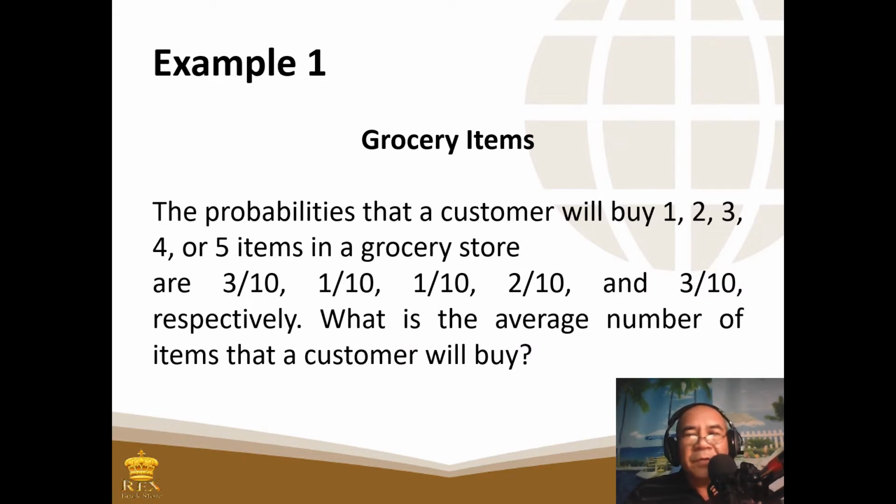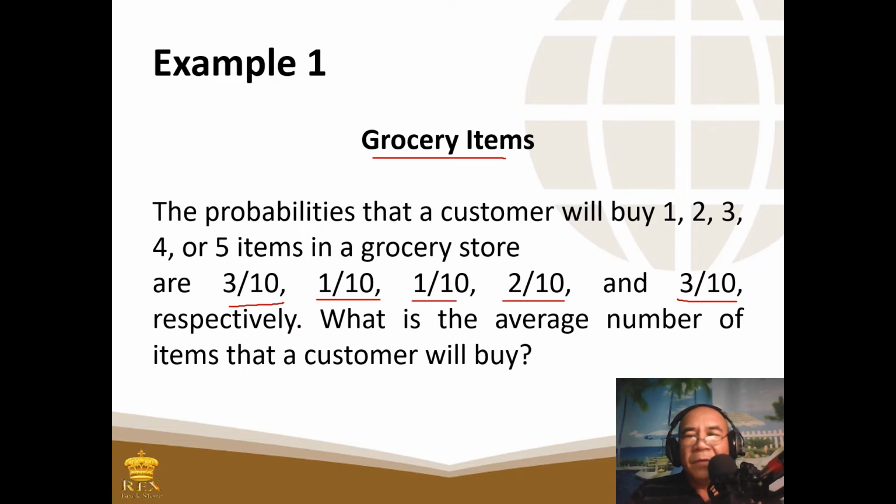Okay, let's have an example. Our example for today is about grocery items. The probabilities that a customer will buy 1, 2, 3, 4, or 5 items in a grocery store are 3 over 10, 1 over 10, 1 over 10, 2 over 10, and 3 over 10, respectively.